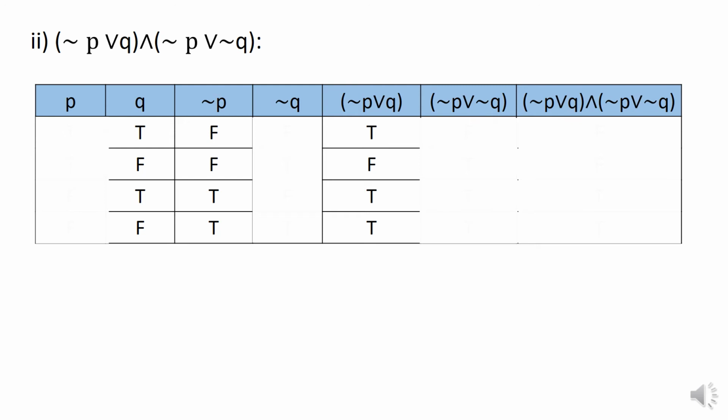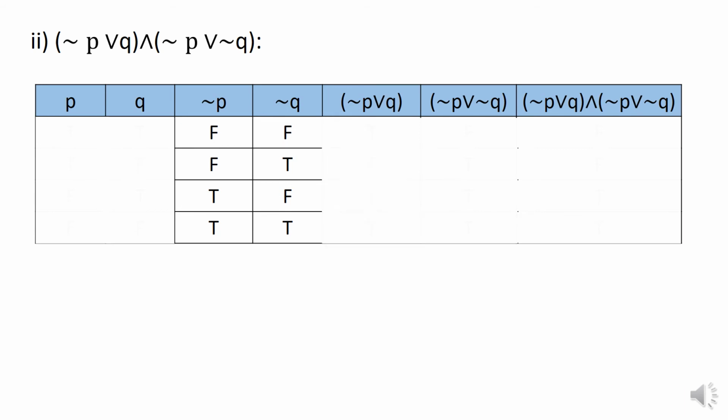The next column, the next bracket, that is, we need only the columns for not P or not Q. We have to consider only those two columns. So therefore, let us do this now. So not P or not Q. False or false, false. False or true, true. True or false is true. And true or true is true.